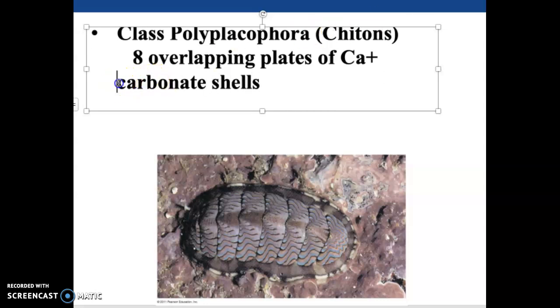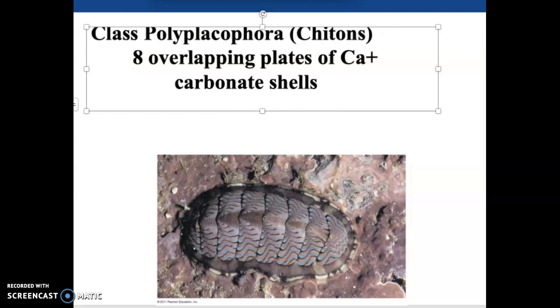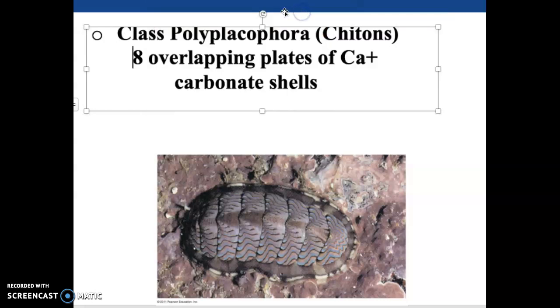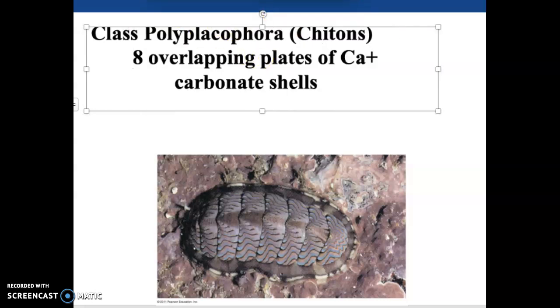All right, so they don't have one big shell. Instead, they have these 8 plates. So what this does, this allows these guys a little bit more flexibility, some mobility. So they're not just this single shell like an oyster.